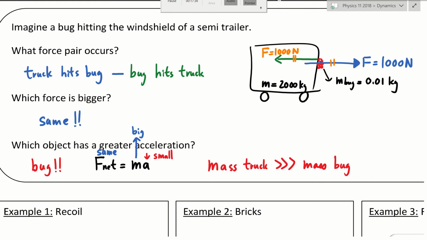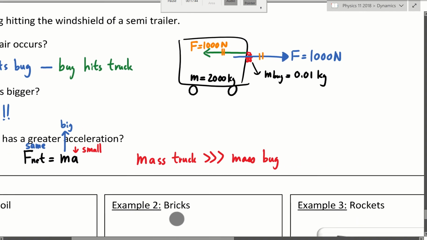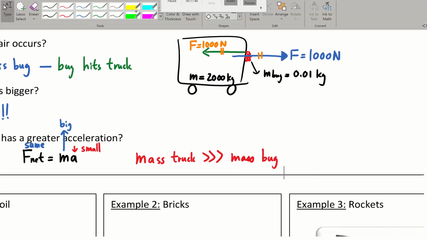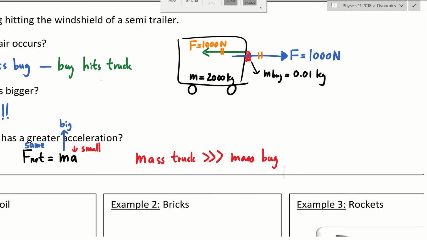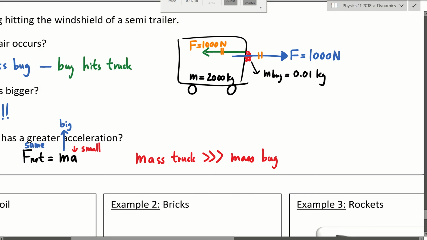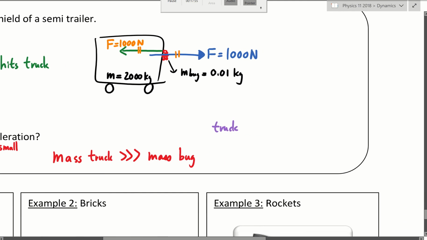Now, in our example, we set the number to be 1,000, right? So think about what happens if you actually put numbers into it. So for the truck, we can do that calculation. F-net equals ma to figure out the acceleration.